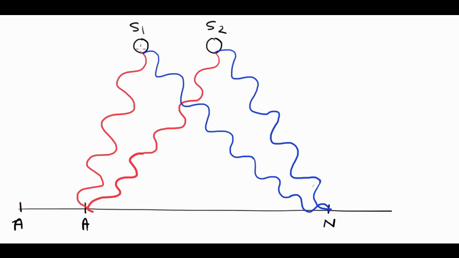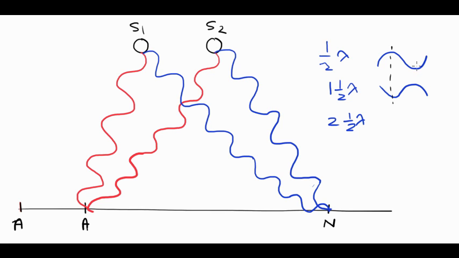If the wave from source 1 travels further by half a wavelength, or 1.5 wavelengths, or 2.5 wavelengths, in each case the 2 waves meet out of phase by half a cycle, which means that trough and crest line up, and it will be an area of destructive interference.